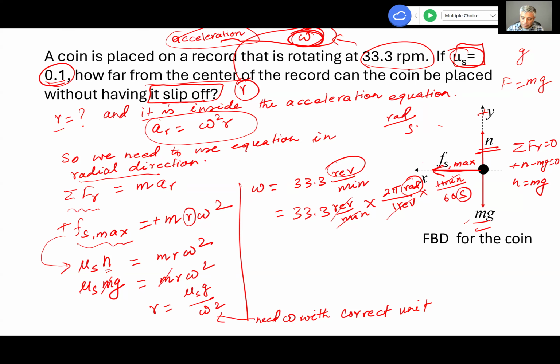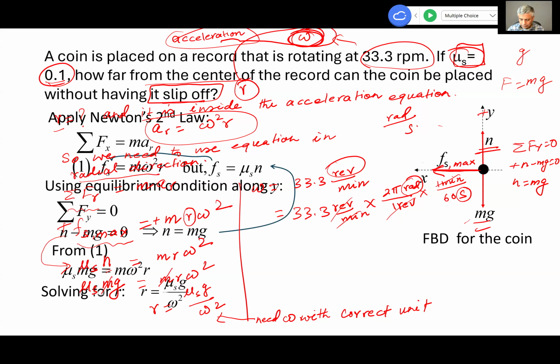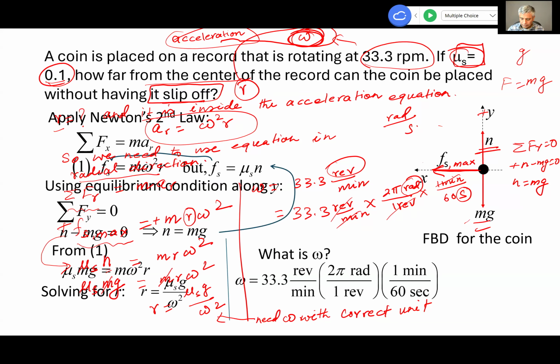All you need to do is just multiply those numbers. For the pi, you can use 3.14. I think I have done all these things here, and it turns out it is 3.5 radian per second.